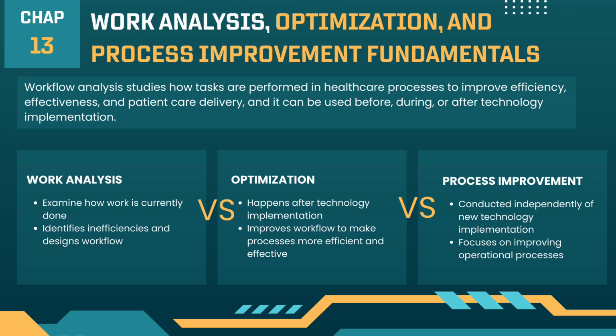It's simple. It focuses on improving existing healthcare processes to make operations more efficient. So the main goal of this is to enhance the quality of services while reducing delay and unnecessary work.